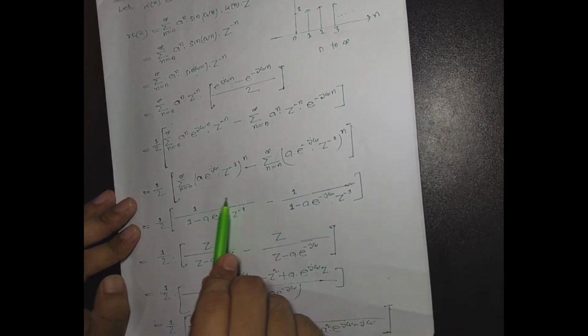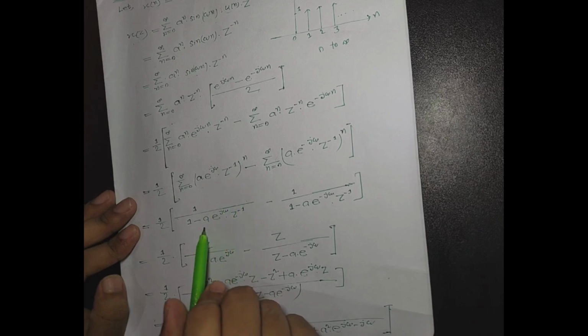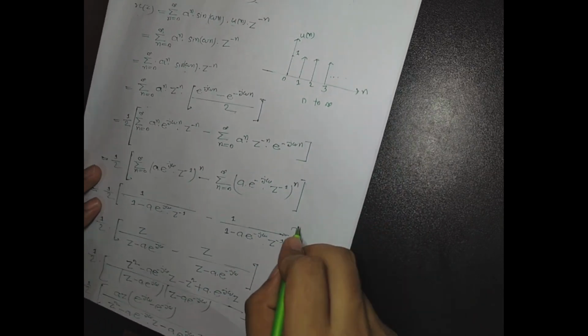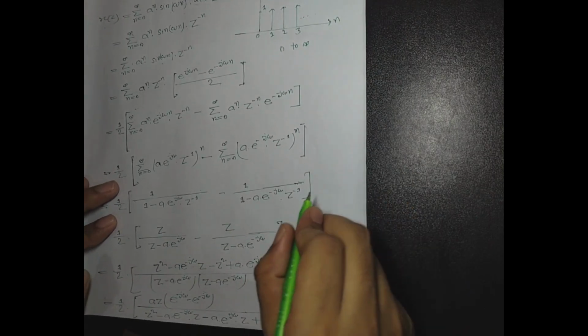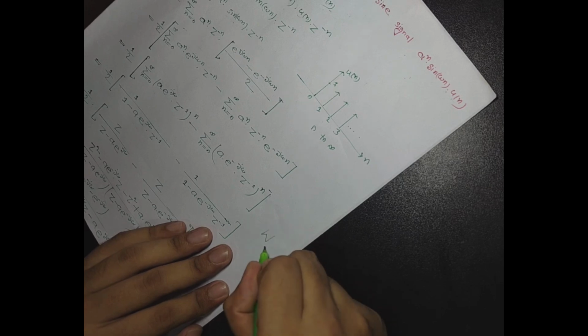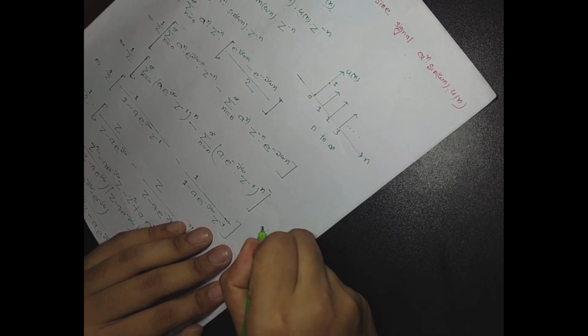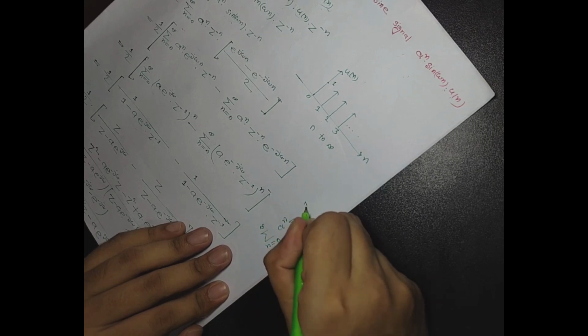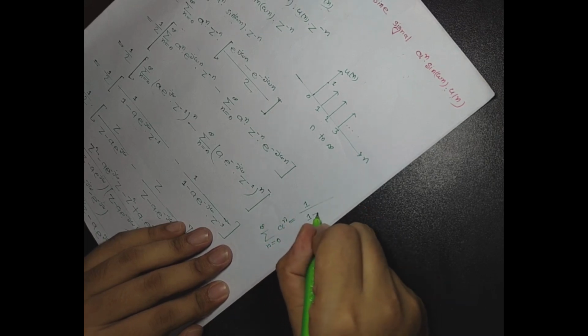We know that summation of n equal to 0 to infinity a to the power n equals 1 by 1 minus a.